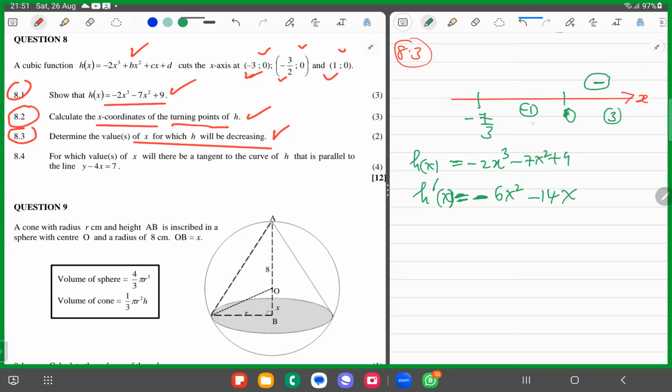Now if you put the minus 1 there, it's going to be minus 6, and plus 14. So it's going to be positive. And then if you pick a number further to the other side, because this is minus 2 and a third, you might have like minus 3, which is negative 3 by 14, which is a positive.